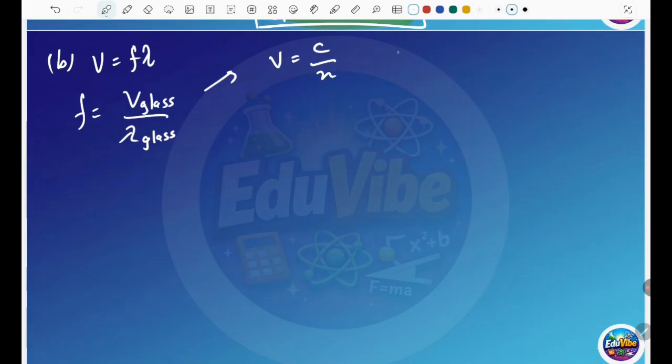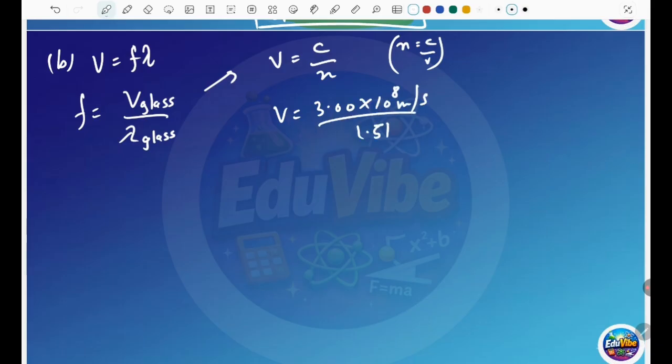So v is equal to c upon n, because you know n is equal to c upon v. C is 3.0 times 10 raised to power 8 meters per second, n is 1.51, and we do it with the glass. When you solve this, you get about 1.987 times 10 raised to power 8 meters per second.